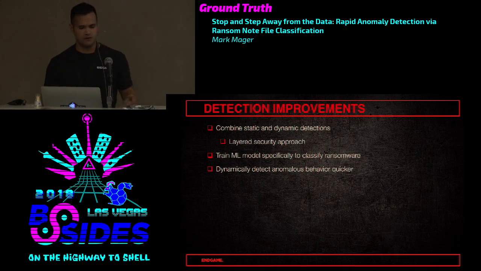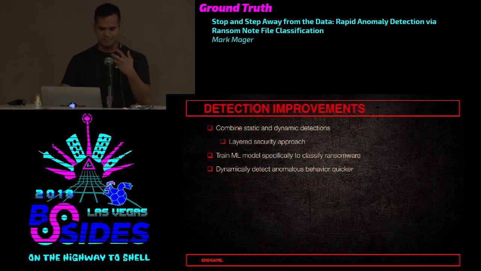So how can we improve these two categories of detections? Well, the easiest way is to combine them. A static and dynamic approach, a layered security approach that leverages the advantages of both, is the most ideal scenario that you want.